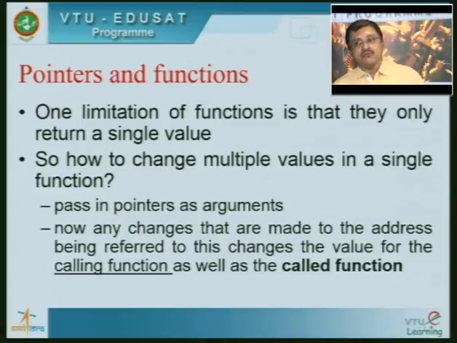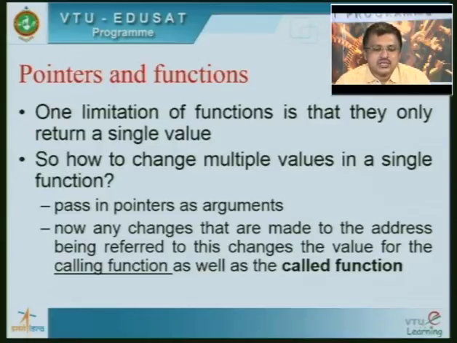Now, if I take the relationship between pointers and functions, one limitation of functions is that they only return a single value in most programming languages including C. Yesterday also we did mention a point on this. If the user is stuck with that limitation, the scope of the user's creativity ceases.